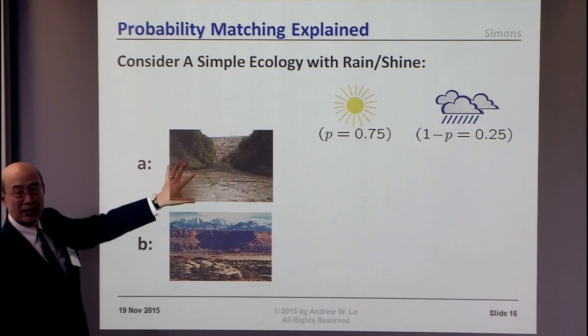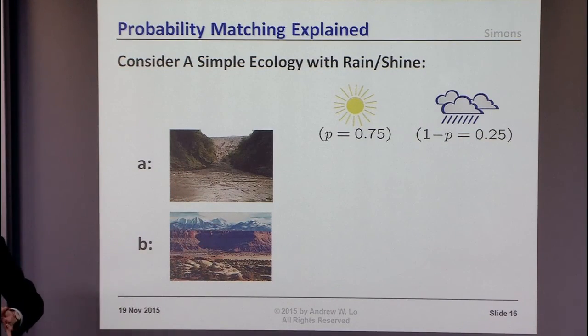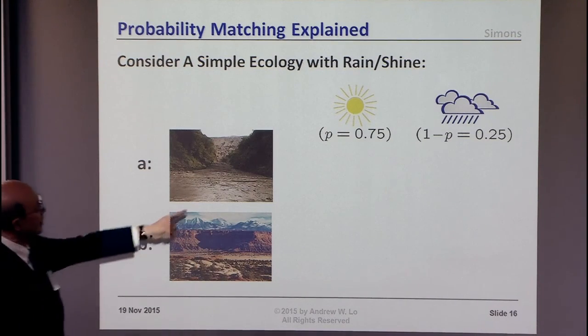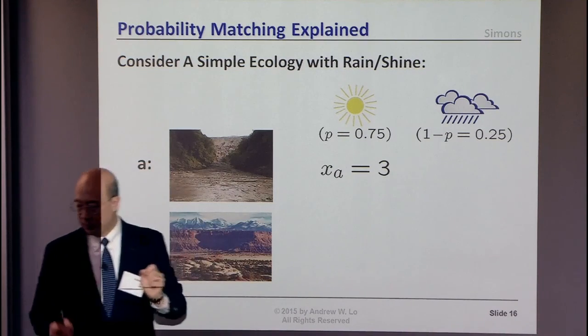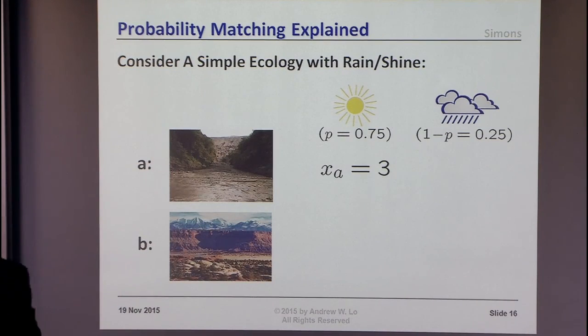The nice thing about the valley is that it has shade and a stream with water. So if it's sunny and you build your nest in the valley, your offspring will be 3, because the valley protects them from the deadly rays of the sun, and there's plenty of water, so they will survive and you'll successfully reproduce.